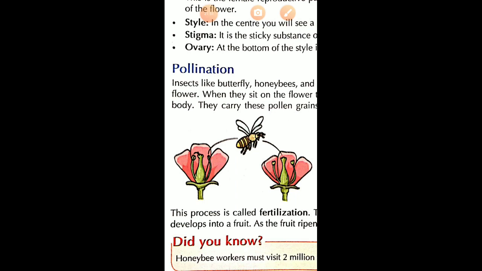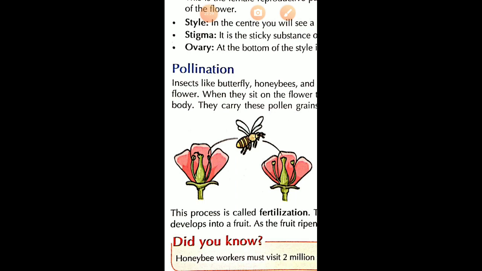That is the reason they come close to the flower, and by chance they help in the process of pollination, because they come to the flower in search of their food. Is it clear?